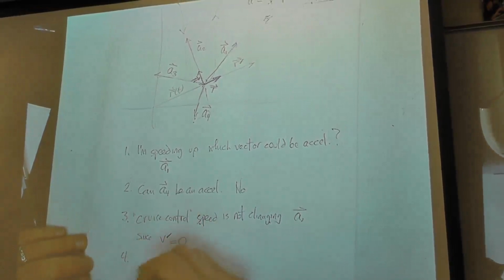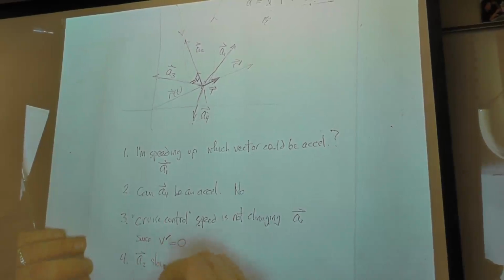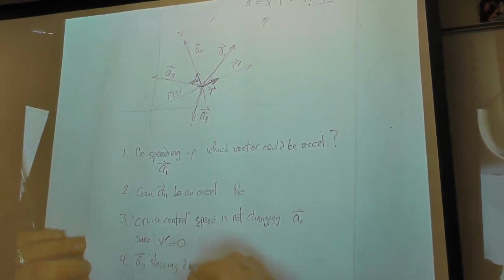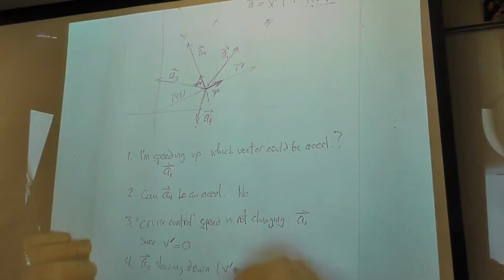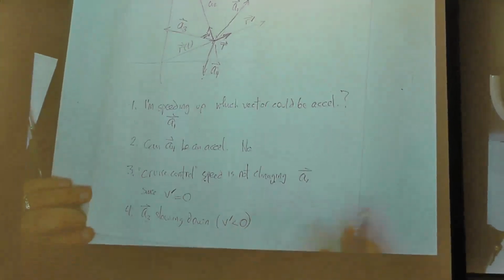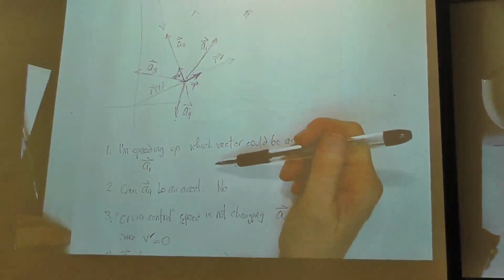So we get A3 out when we're slowing down because that makes v prime less than 0. This is the mathematical way to look at it.